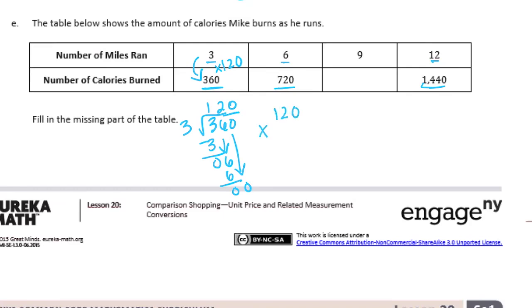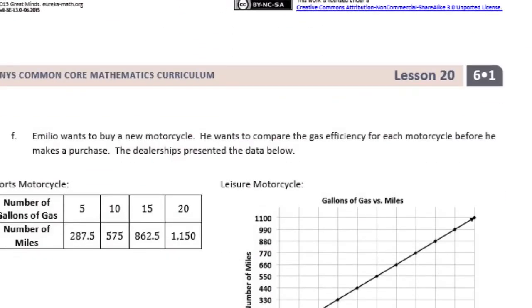If we do 120 times 6, we should get 720. Yep. So we can do the same thing by multiplying 9 times 120 to fill in that missing part. So we get 1,080 calories burned for 9 miles.